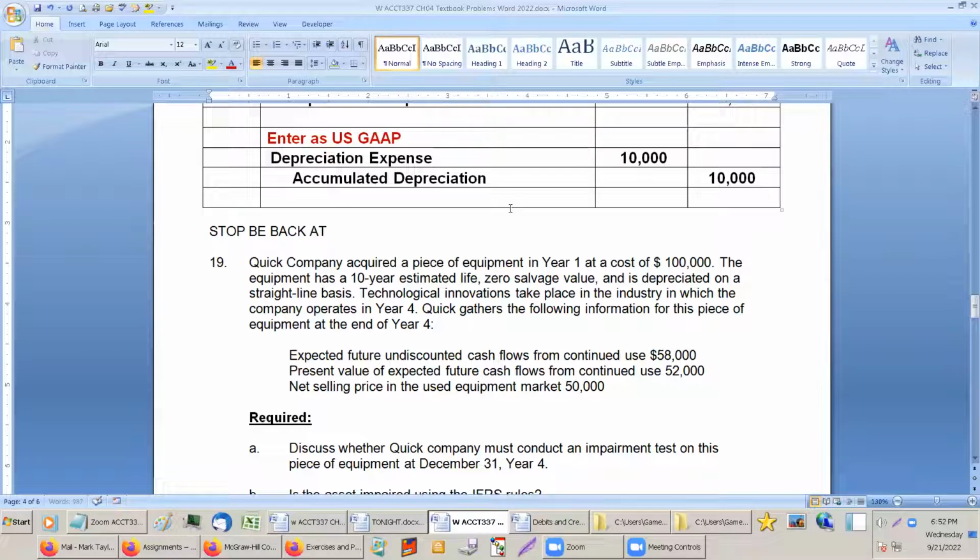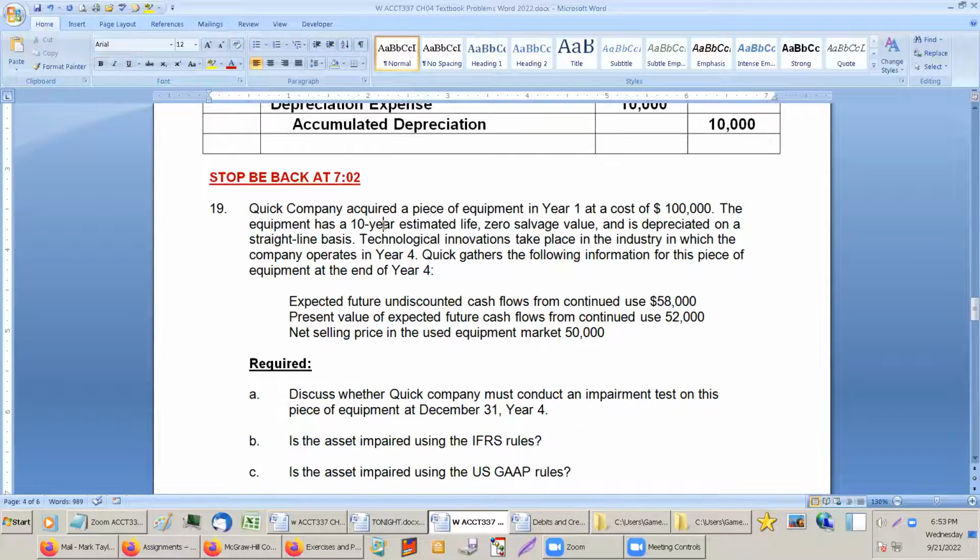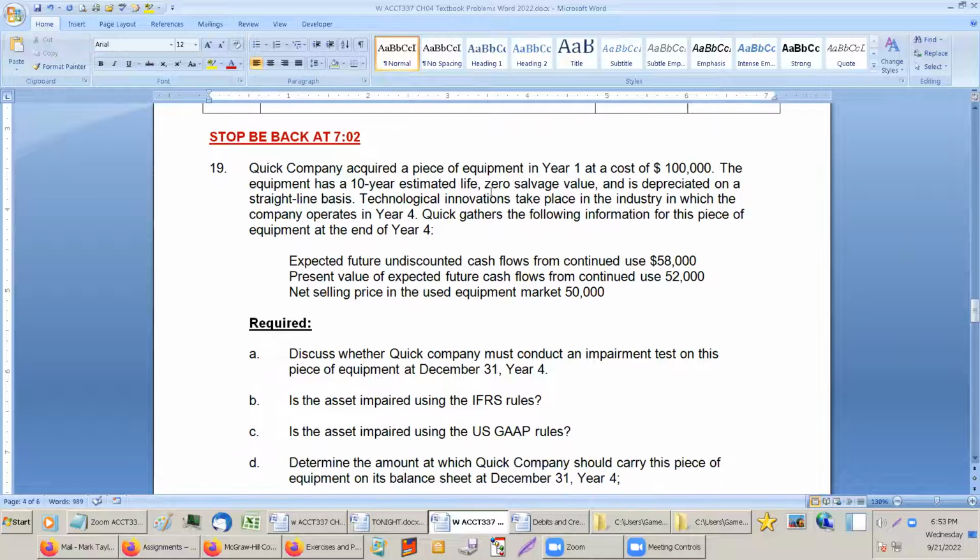Get back at, say, 7:02. Yeah, number 19 is going to be a little involved. Depreciation ones can kind of drag out.